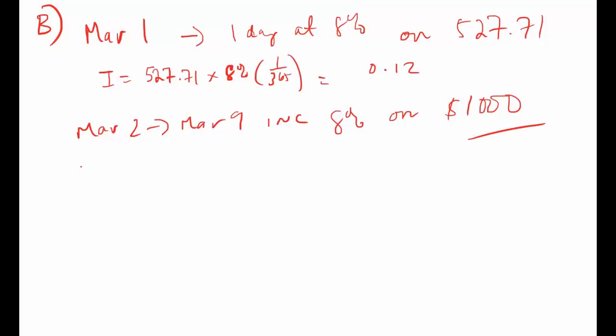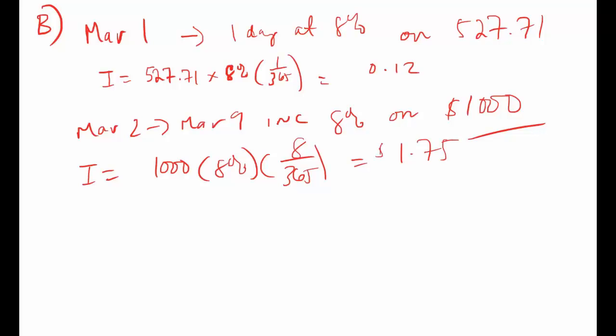So it's I equals PRT, so it's $1,000 times 8% times 2, 3, 4, 5, 6, 7, 8, 9. So 8 days out of 365. And that's $1.75 interest. All right, so I have that so far.